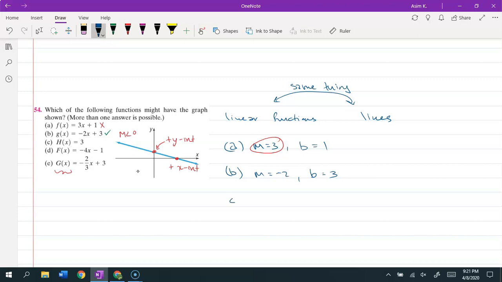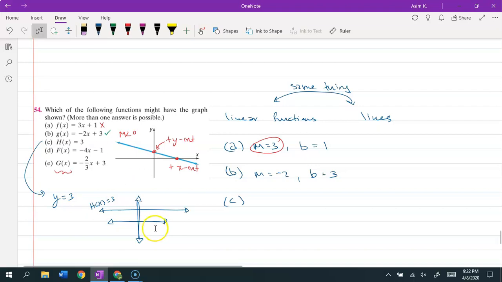Letter C, this one's very important. This is perhaps one of the main reasons why I do this exercise. Letter C says h of x is equal to 3. If that's bothering you, think of it like this. y is equal to 3, right? So if you had a line that said y is equal to 3, and in this situation they call it h of x is equal to 3, well, that clearly does not look like the graph that we have.